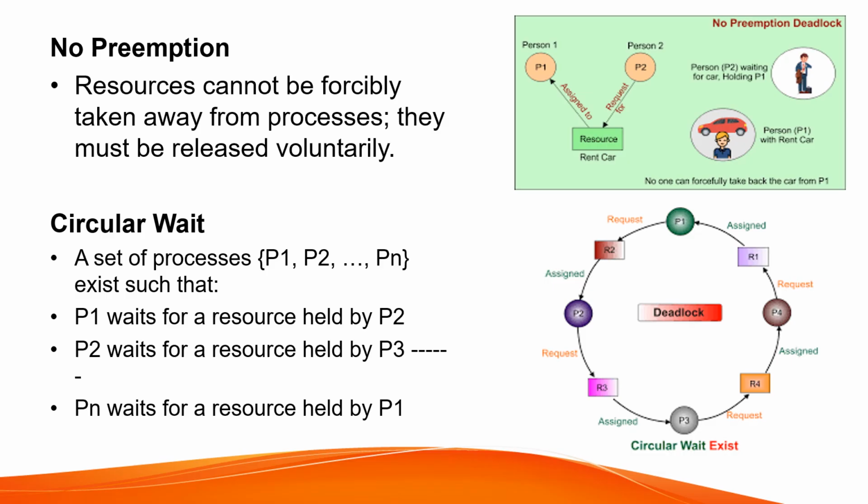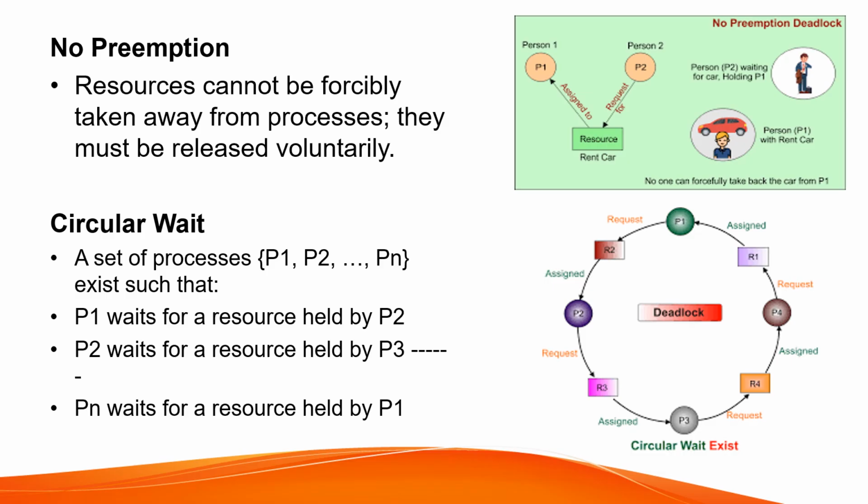But P2 requests R3, which is already assigned to P3. And P3 requests R4, but R4 has been assigned to P4. Then P4 needs R1, but that has been assigned to P1. So it is seen in a circular manner. This is called circular wait.